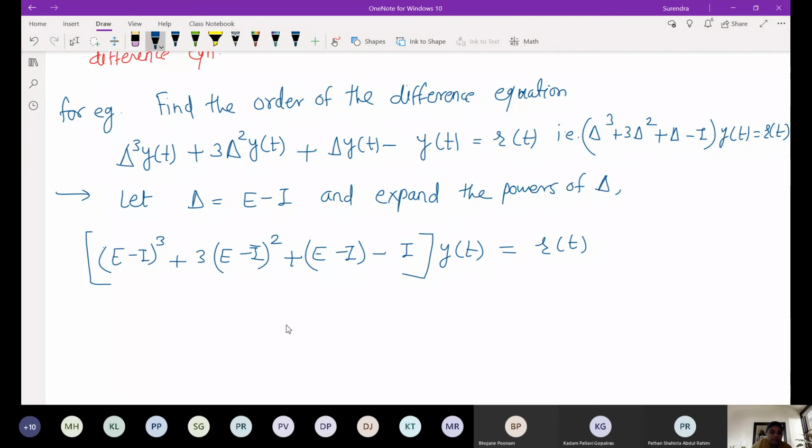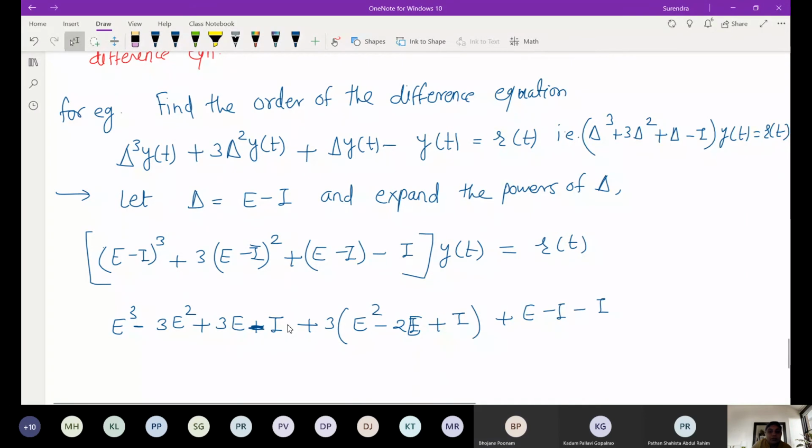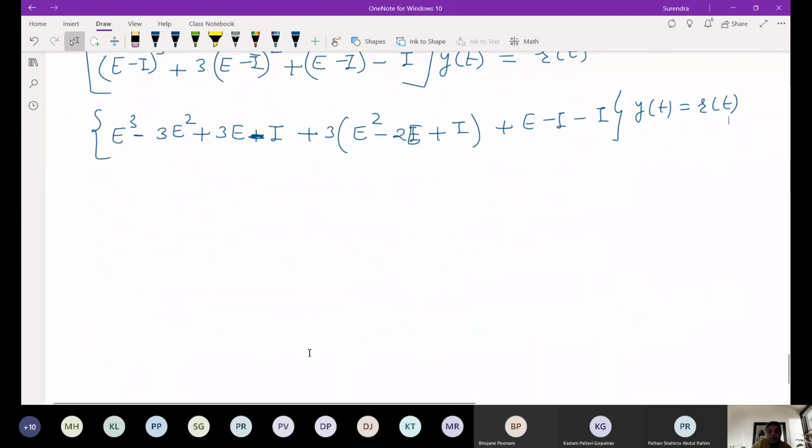If I expand this, what will it be? E cube minus 3E square plus 3E minus I, plus 3 times (E square minus 2E plus I), plus E minus I minus I, operated on yt, which is equal to rt.